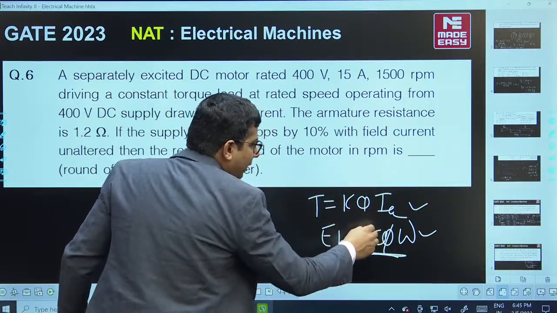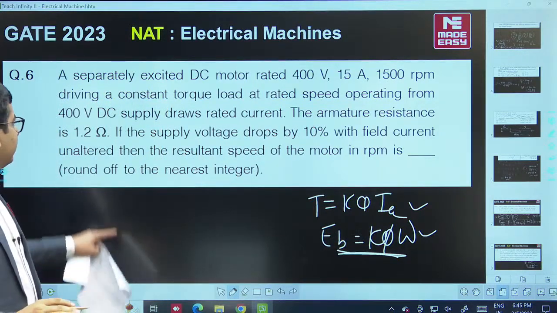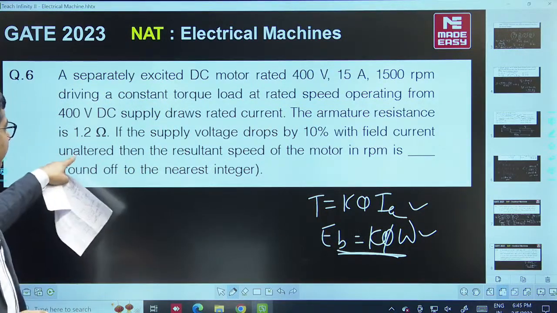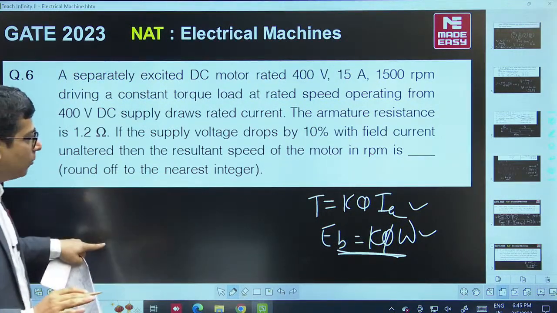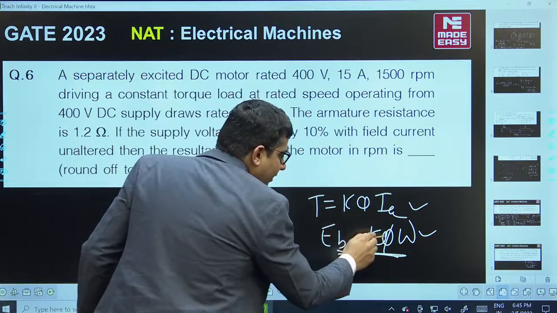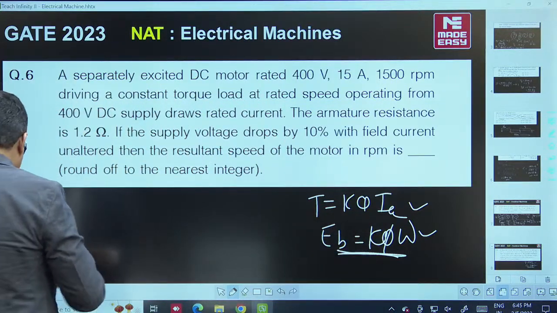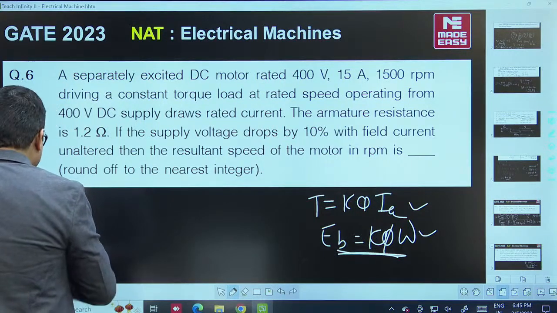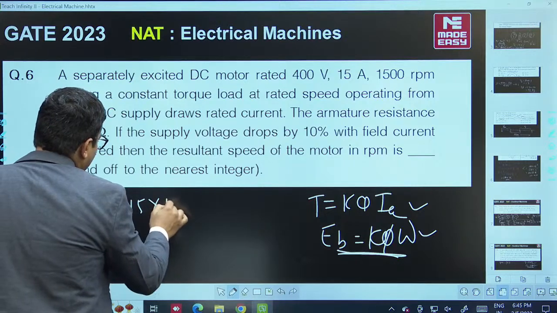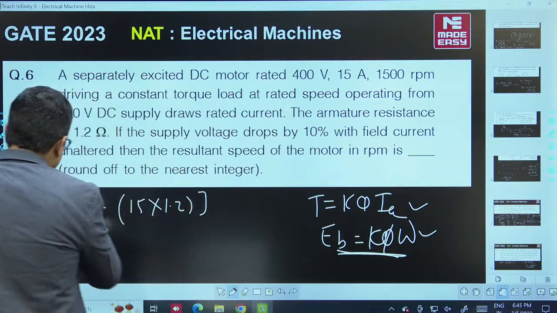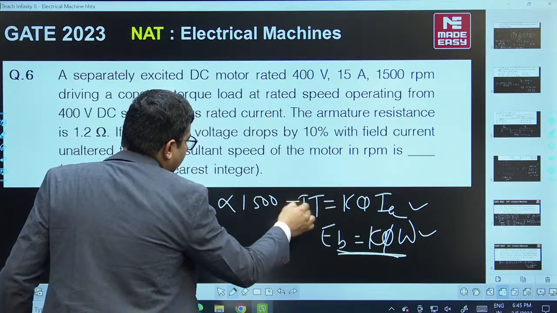Phi will remain constant as it is a separately excited DC motor, and this is also given in the question: the field current is unaltered. So phi is constant, and EB is proportional to omega. So EB is equal to 400 minus 15 into 1.2, and this is proportional to 1500 rpm. This is equation number 1.